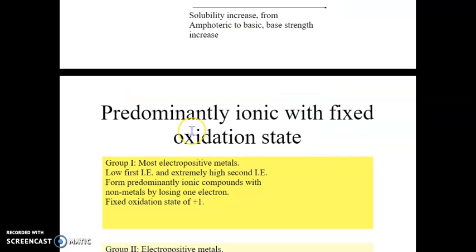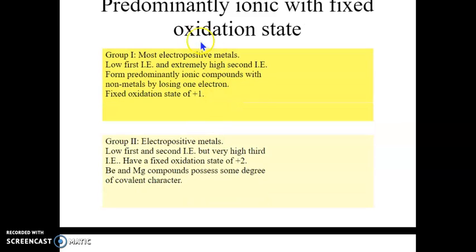Now, predominantly ionic with fixed oxidation state. These are just the concepts for oxidation state. Group first are the most electropositive metals. In the group first, most of the elements are electropositive metals having low first ionization energy and extremely high second ionization energy, forming predominantly ionic compounds with non-metals by losing one electron.